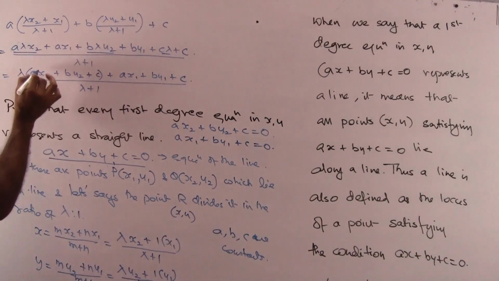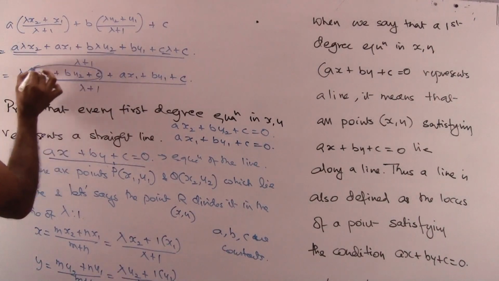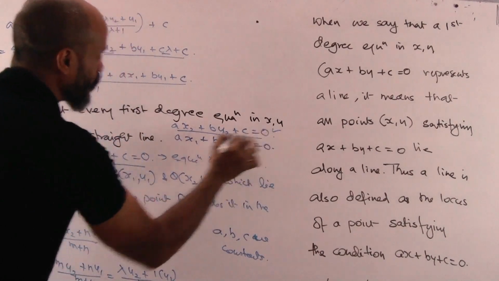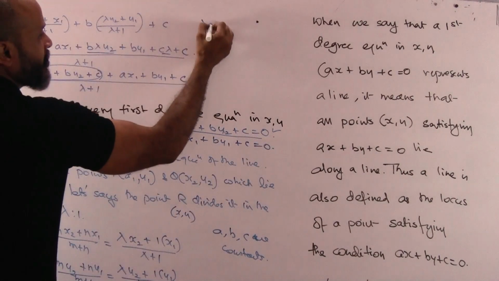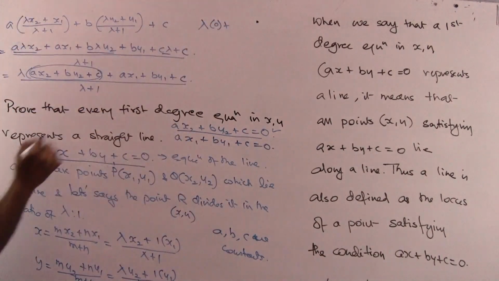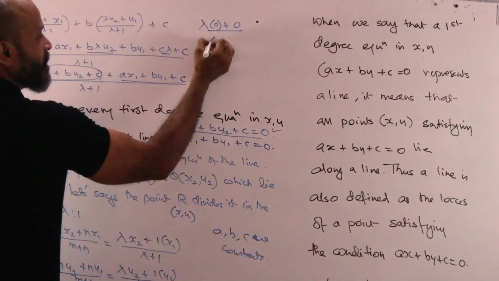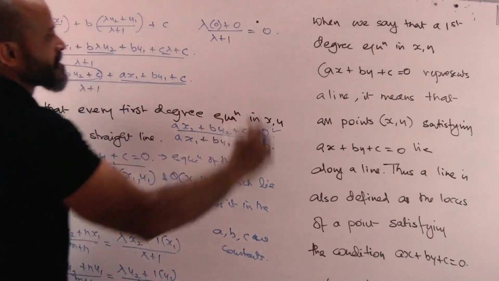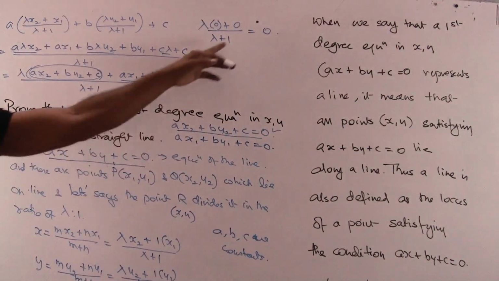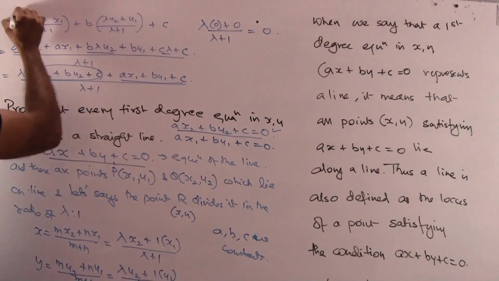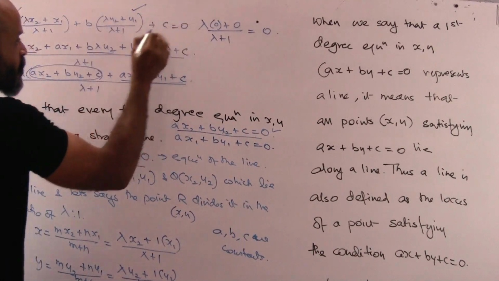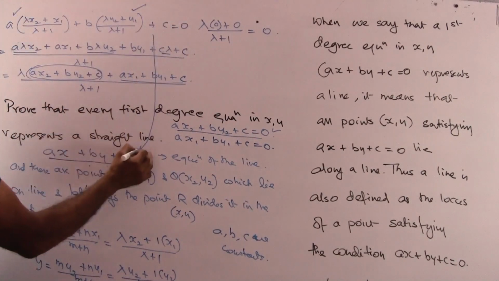Obviously this entire thing, if you look into it, is 0. So we have here lambda into 0 plus 0 plus 0 upon lambda plus 1. So this will be basically equal to 0. So basically this equation also fulfills the condition of this equation.